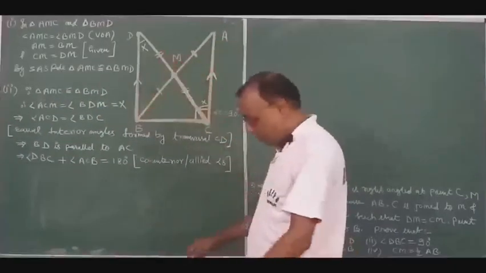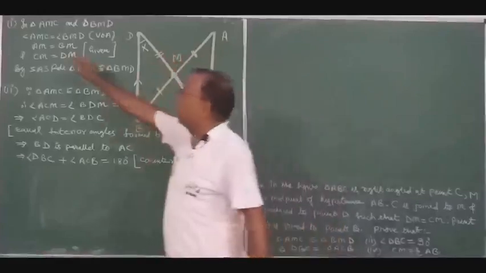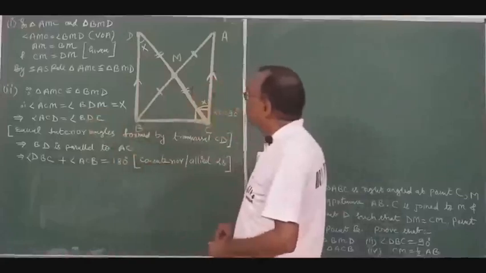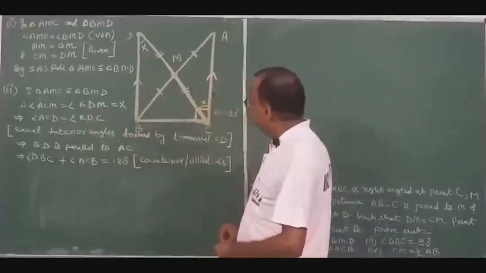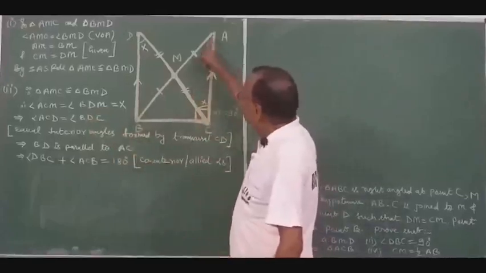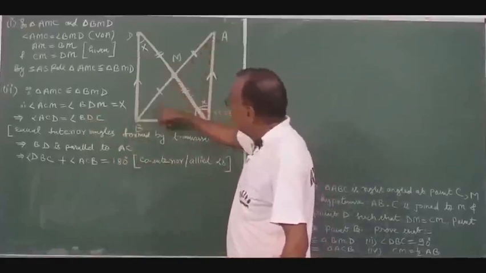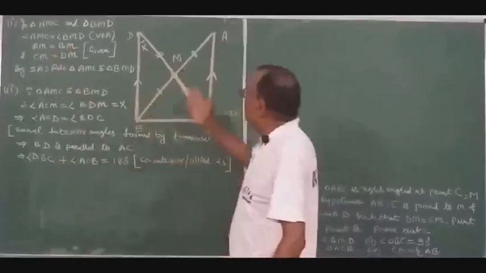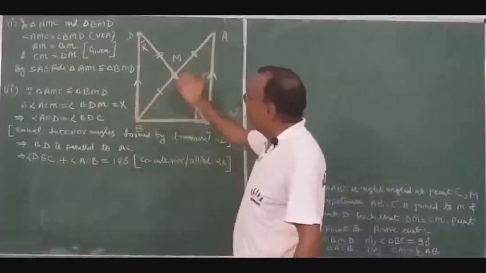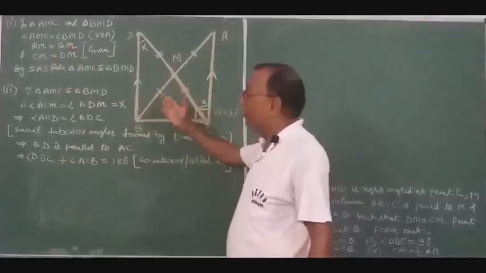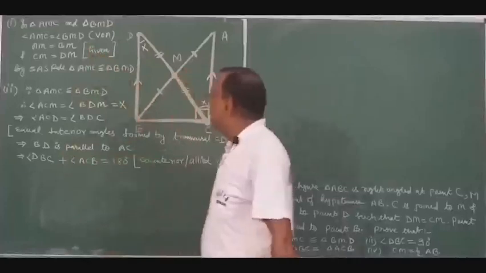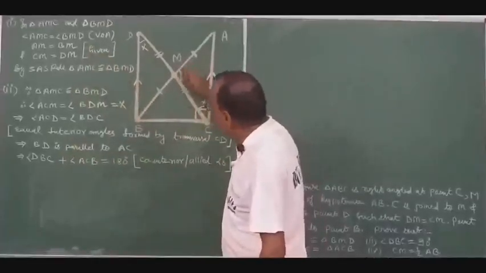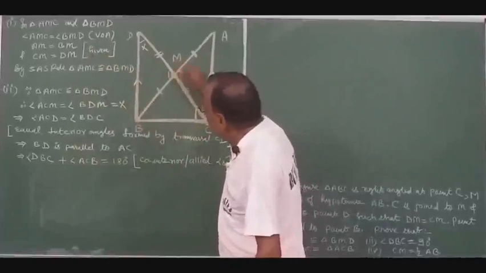In triangles AMC and BMD, just look at the first side. What are you given? AM is equal to BM because this M is the midpoint of AB. It is also given. The next thing, just look at these two angles.